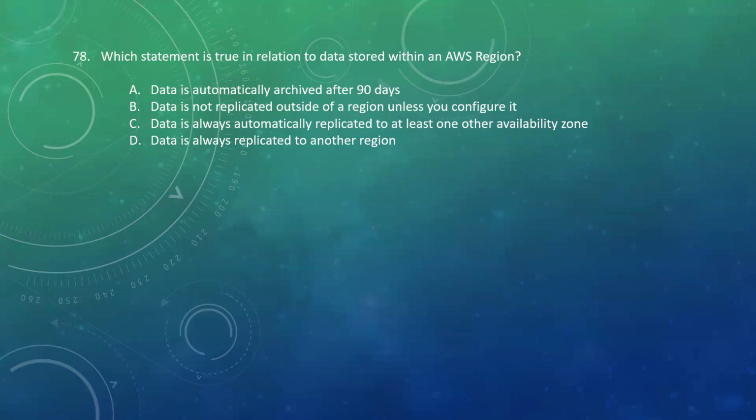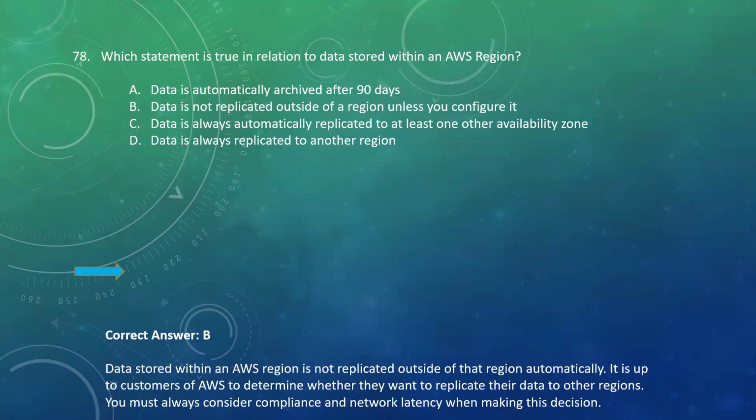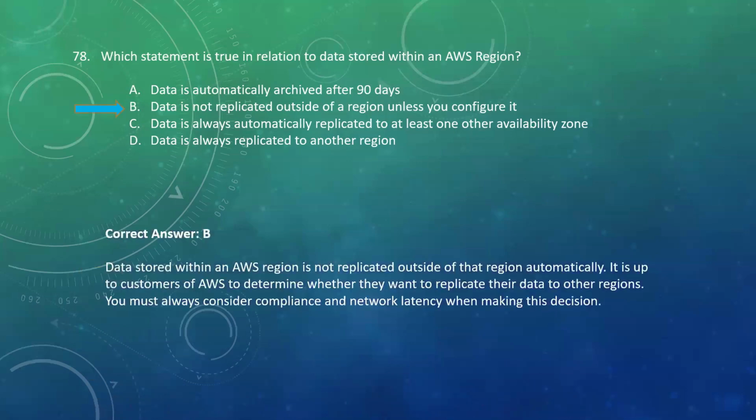Option D, data is always replicated to another region. Correct answer is option B. Data is not replicated outside of any region unless you configure it. It is up to the customer of AWS to determine whether they want to replicate their data to other regions. You must always consider compliance and network latency when making this decision.